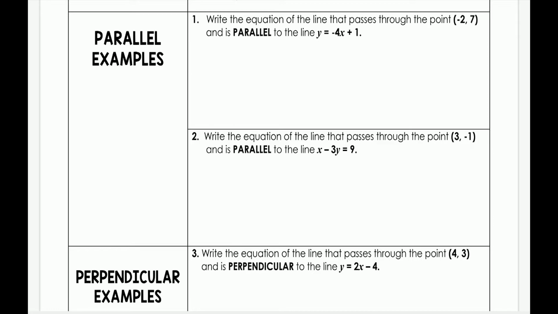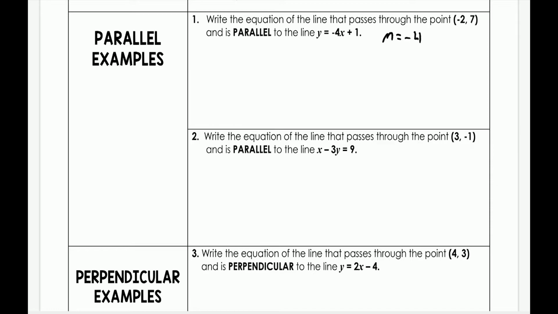Well, you should be saying that parallel lines have the same slope. So if I wanted to create a parallel line to the line y equals -4x plus 1, what should the slope be of the line that I'm creating? Since I want parallel, the slope should be the same. So m would be equal to -4.